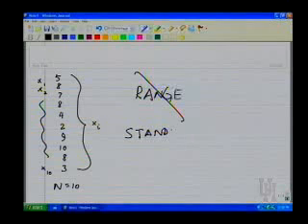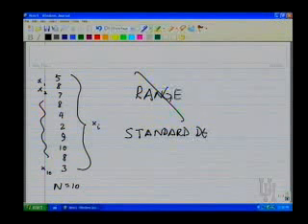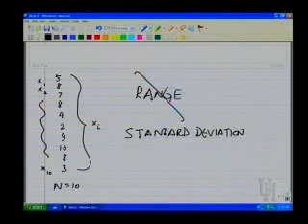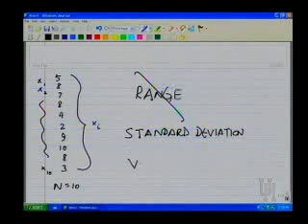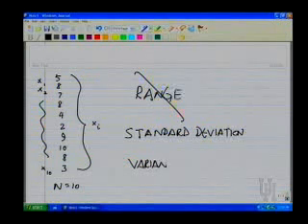We will look next time at 2 other indicators that do provide that information. One is the standard deviation, and the other is the variance.